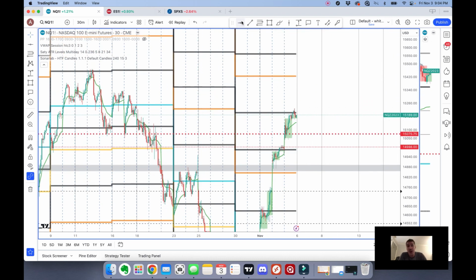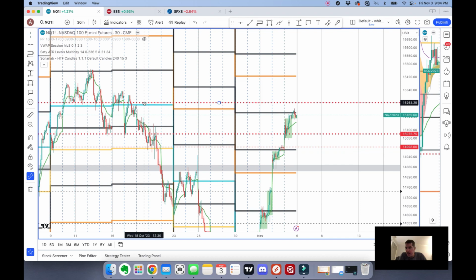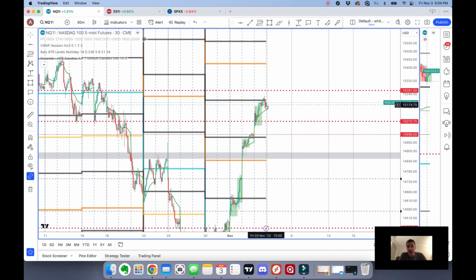The other areas of interest would probably be right here. Actually, yeah, probably right here. You see how this was support, and now resistance. So we might play in the zone for a little while, maybe the beginning of next week.